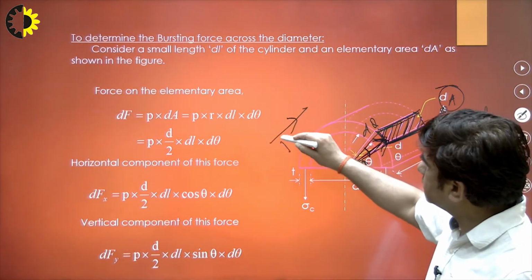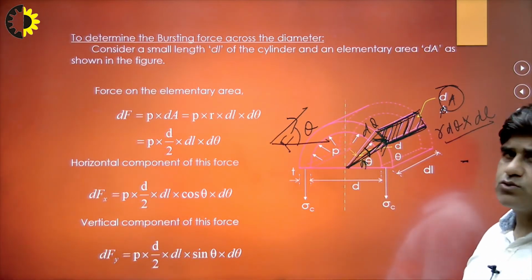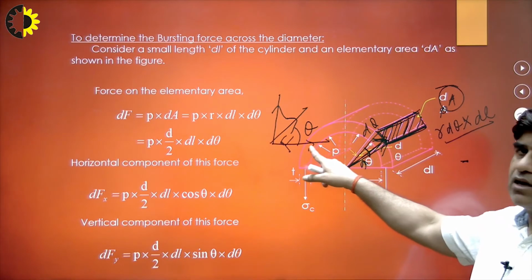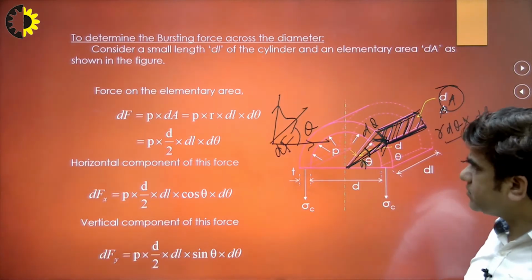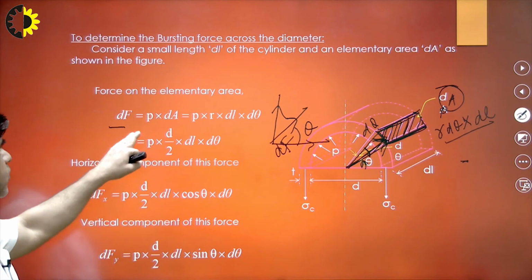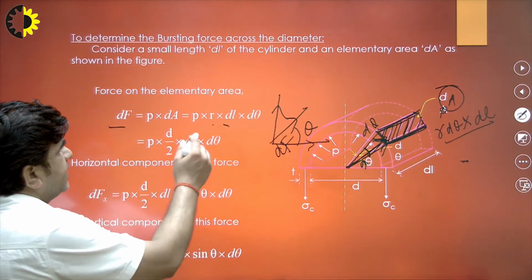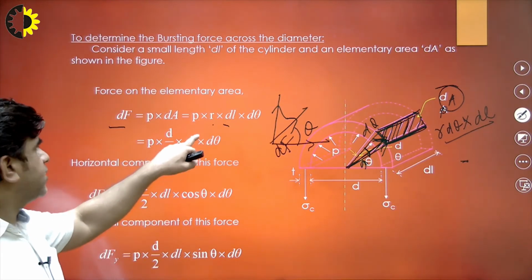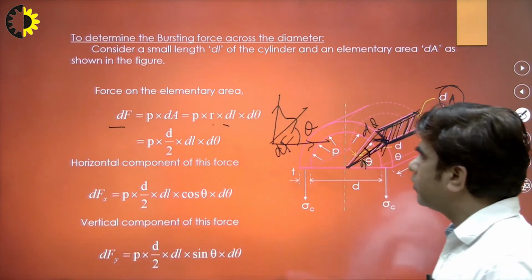This is the direction of force, inclined at angle theta with the horizontal, so it has two components, one horizontal and one vertical. The force on the elementary area, dF equals P into dA, and dA is r d theta dl. Putting r as d by 2, dF equals P into d by 2 into dl into d theta.